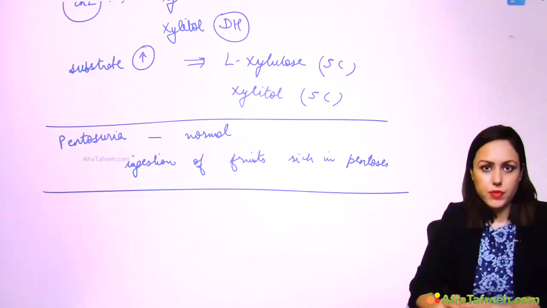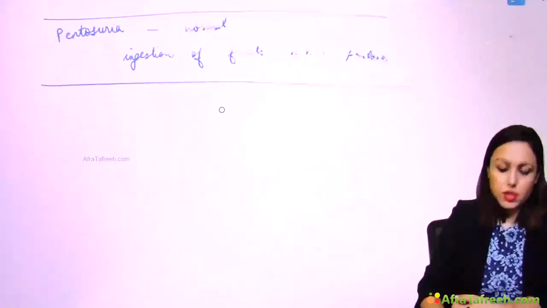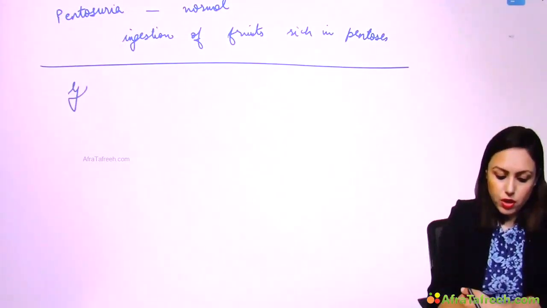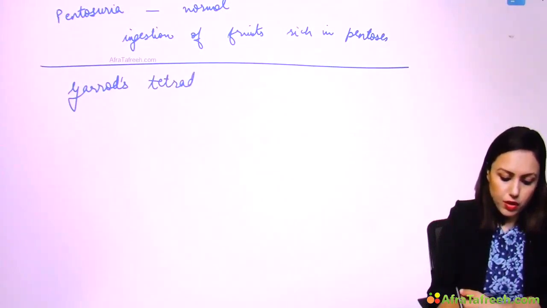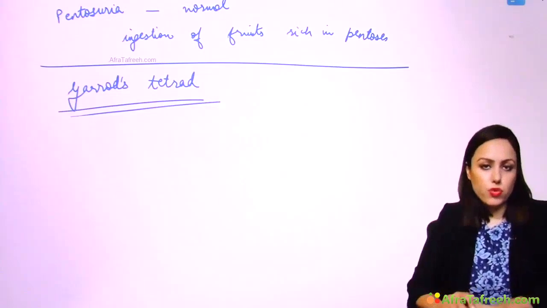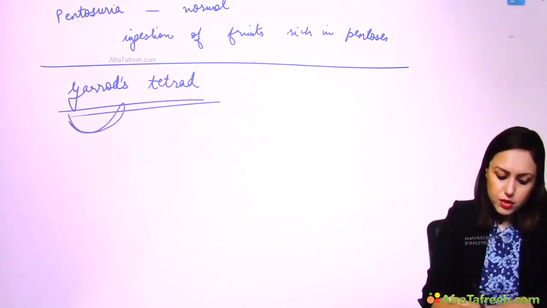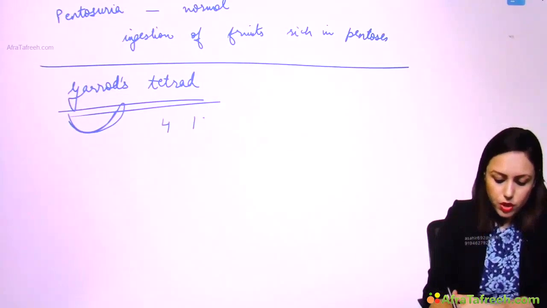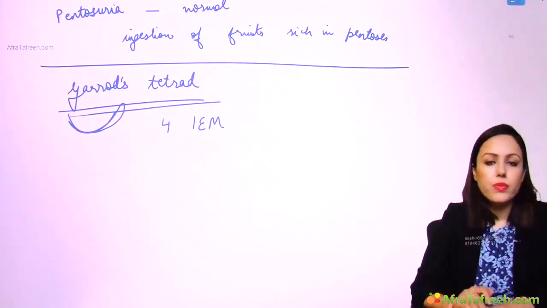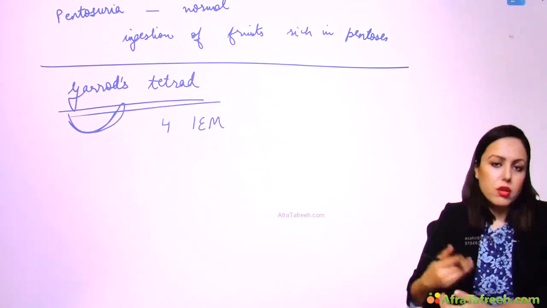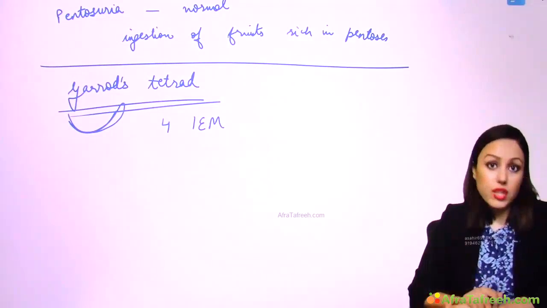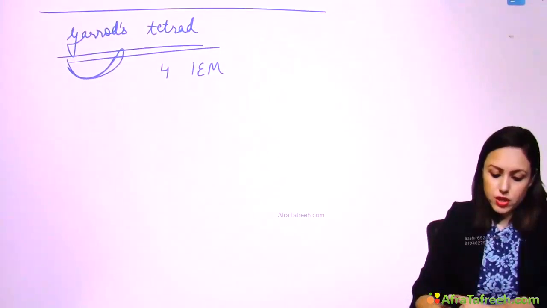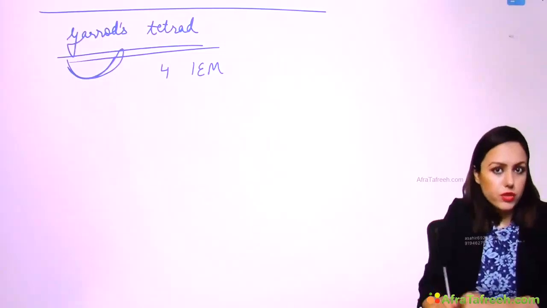And this condition, essential pentosuria, is a part of Garrod's tetrad. What is Garrod's tetrad? There was a scientist named Garrod who discovered 4 inborn errors of metabolism and grouped them together with his name, that is Garrod's tetrad. Which are these? I'll help you learn with the mnemonic.